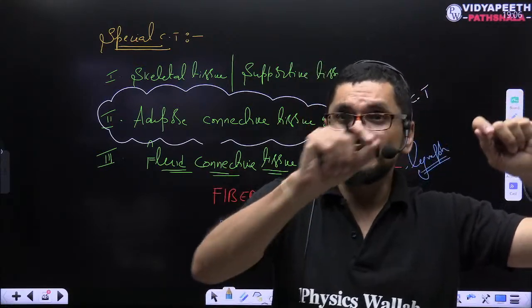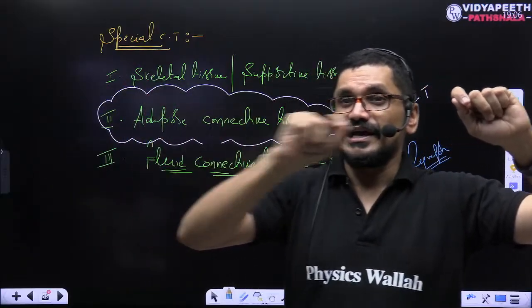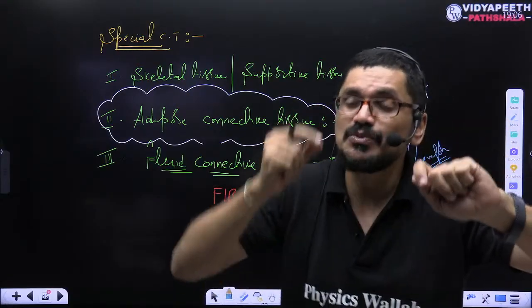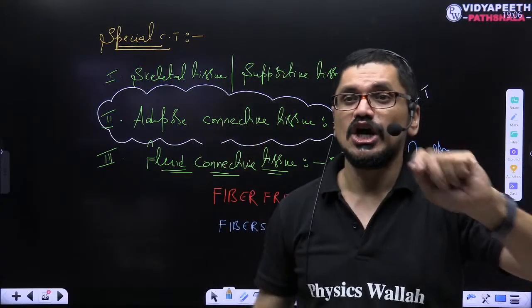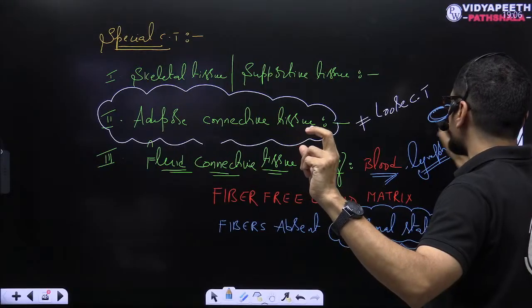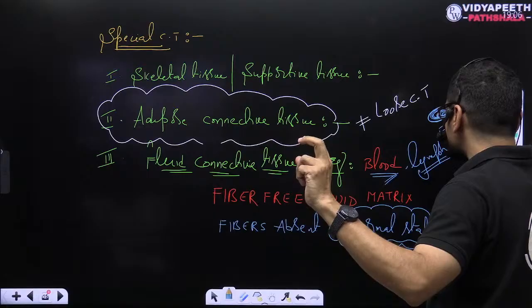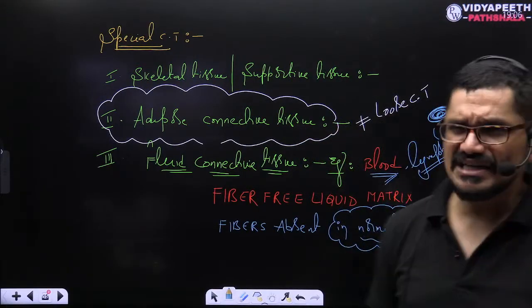Blood always flows in a liquid fashion. When the blood vessel is damaged, blood is exposed to the atmosphere, and then it will clot. A small clot will form, and this clot contains the fibers. This is an exception.